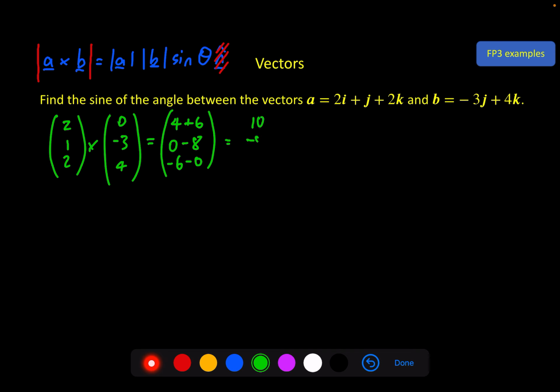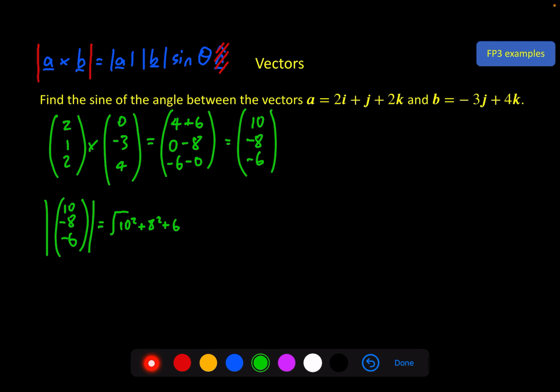So we have 10, minus 8, minus 6. Now I want the magnitude of this. So the magnitude of 10, minus 8, minus 6 is equal to the square root of 10 squared plus minus 8 squared plus minus 6 squared, which gives me the square root of 200, which is 10 root 2.